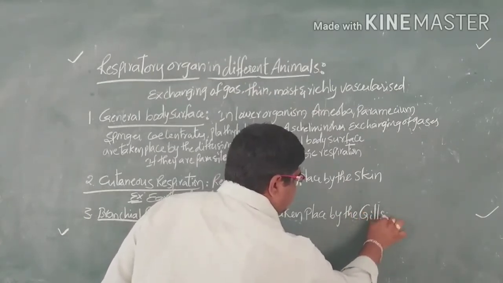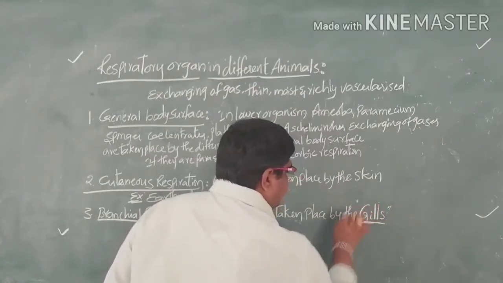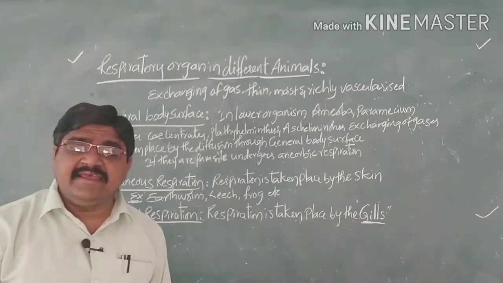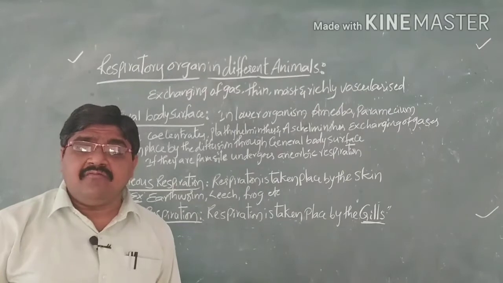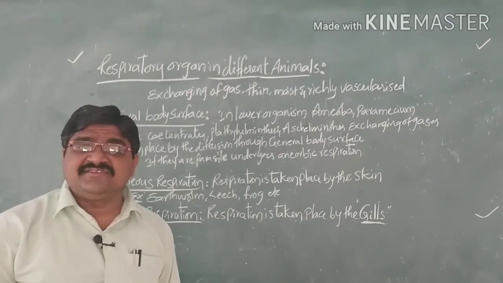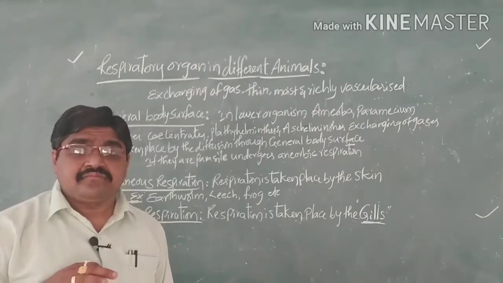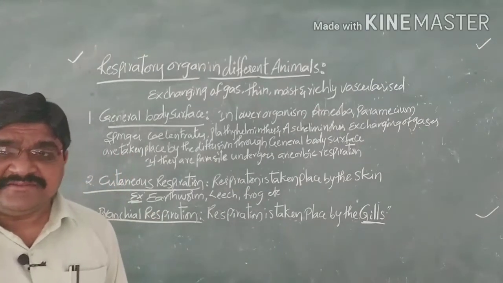Here gills are the respiratory organs. The respiration is mainly taking place with the help of gills. Such types of respiration are called branchial respiration.